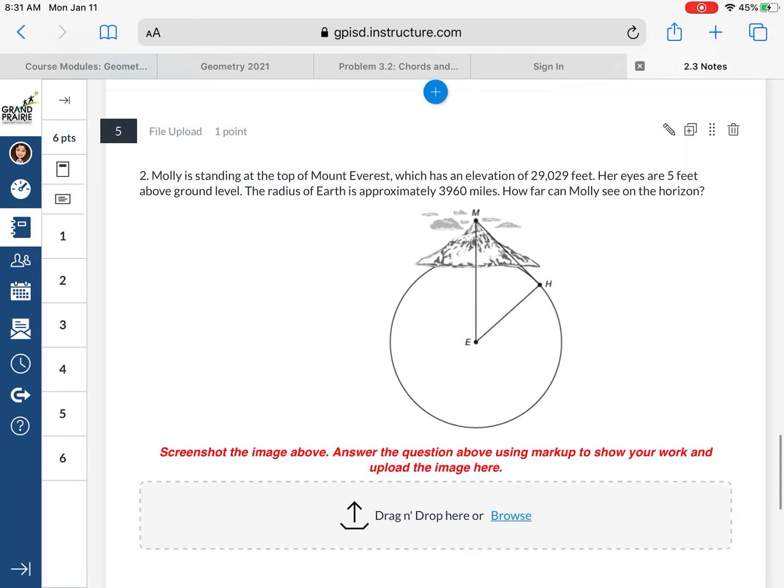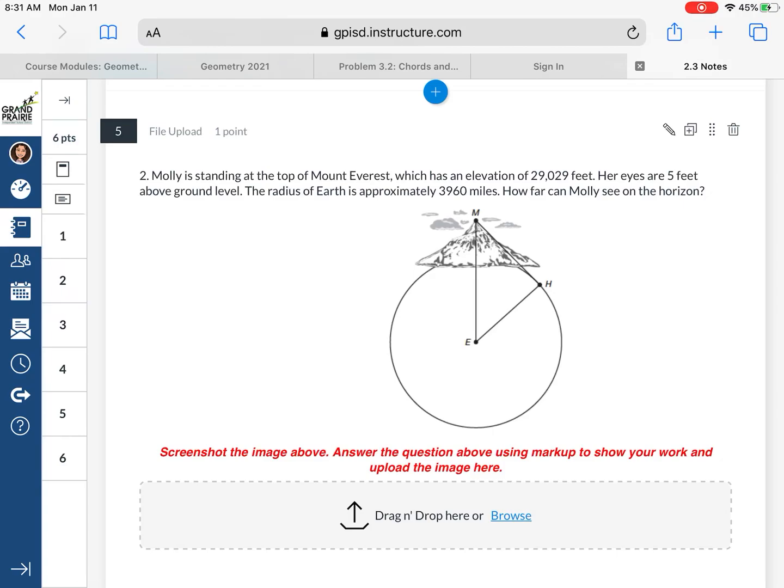All right, number 5. Molly is standing at the top of Mount Everest, which has an elevation of 29,029 feet. Her eyes are 5 feet above ground level. The radius of Earth is approximately 3,960 miles. How far can Molly see the horizon?